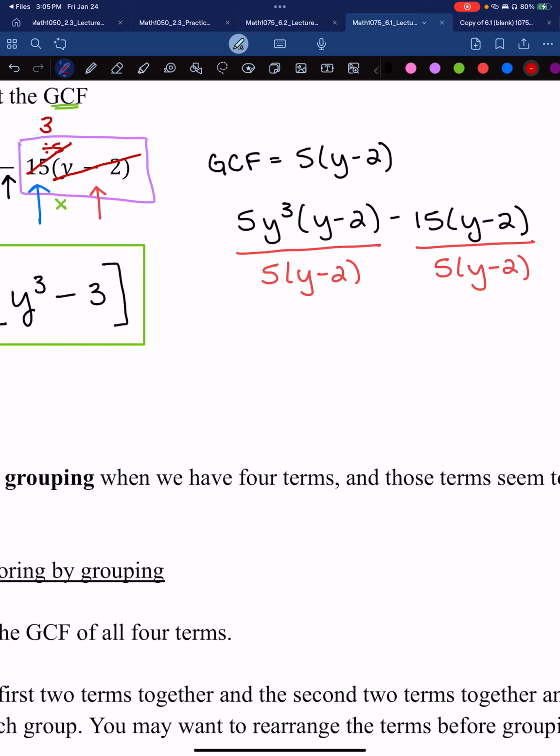Because we took it out, that allowed us to cancel this term, and notice how we're left with that y to the 3. And then we were able to cancel this other y minus 2 term, and when we divided 15 and 5, we got 3, which is what we were left with, and then they're separated by this negative sign.